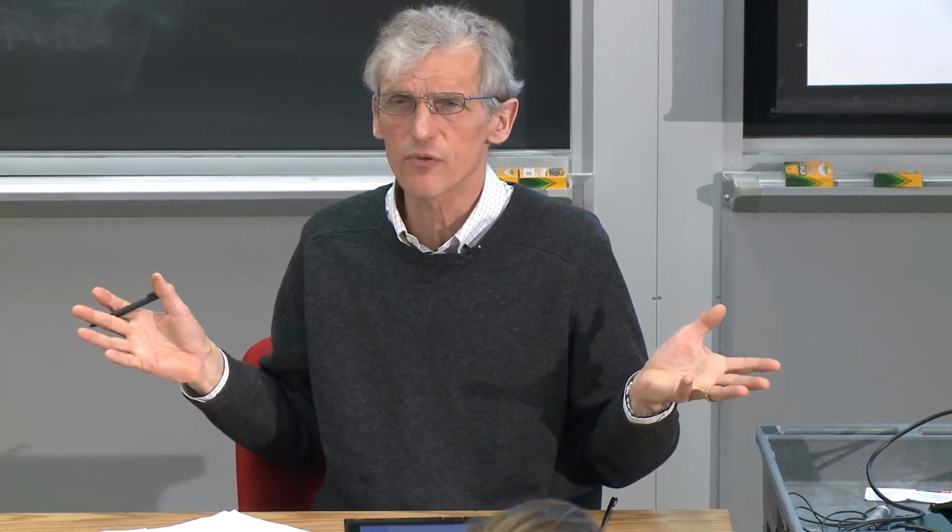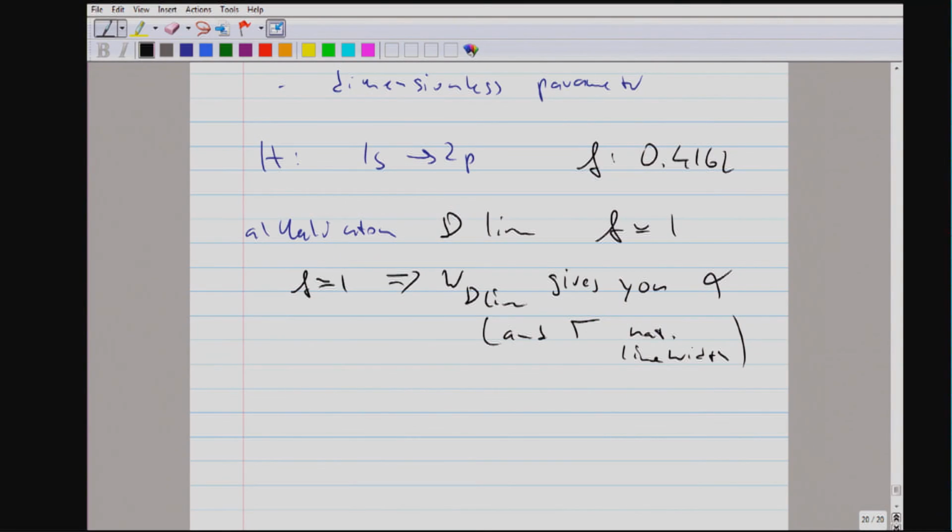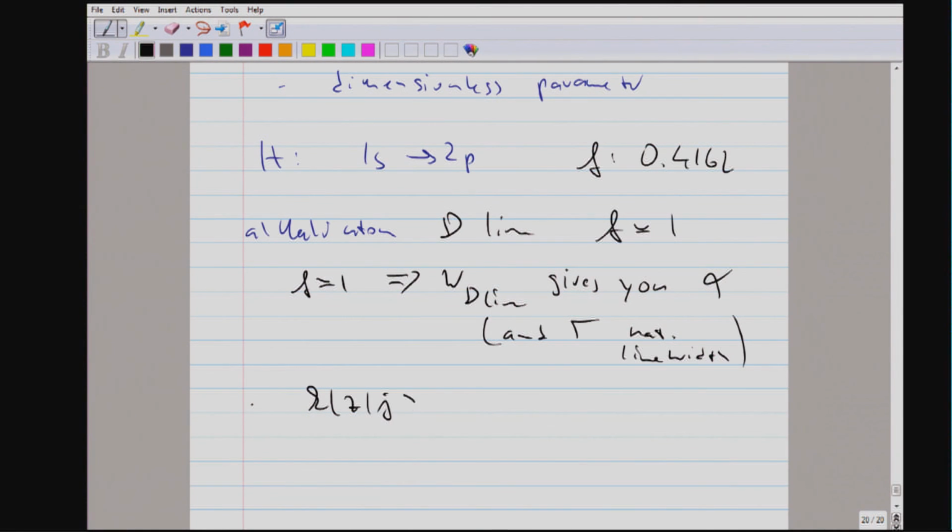Because all the coupling to an external field is really captured by saying what the matrix element is, and F equals 1 is nothing else than saying the matrix element is such and such. And indeed, if I now use the definition of the oscillator strengths in reverse, the matrix element squared between 2 states is the oscillator strength times 1/2.